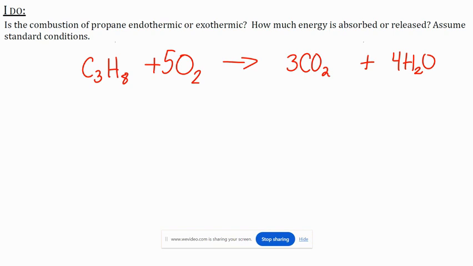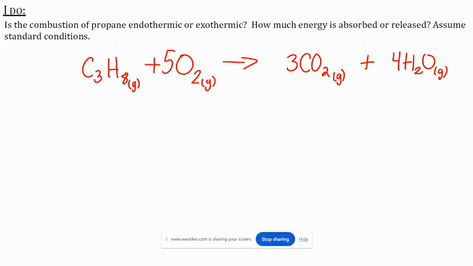All right, now we have to go to our tables. One of the things about those tables that you've got to be very careful with, and I find myself screwing this up quite often, so I have tried to tell myself, you've got to be careful here. One of the things that you have to pay attention to in that table is your states of matter.